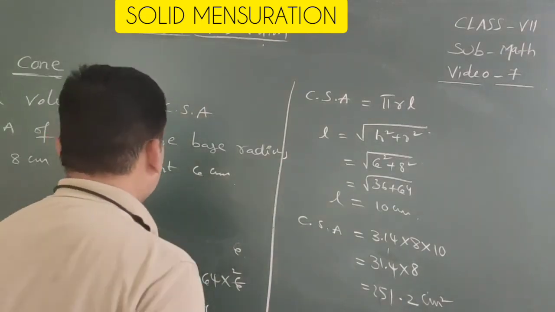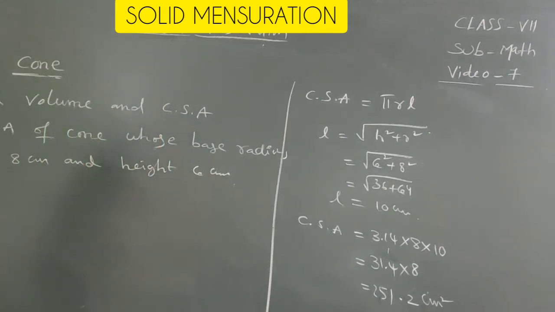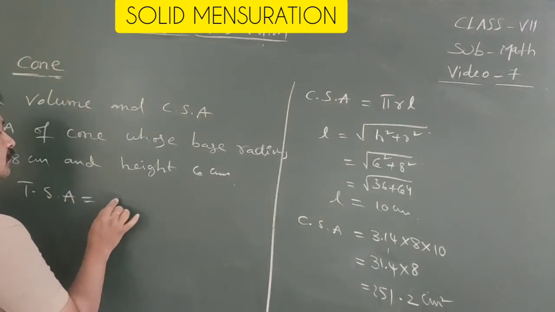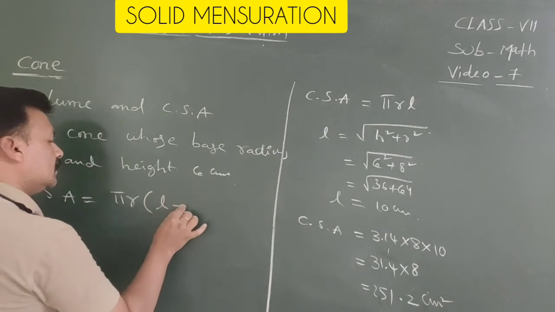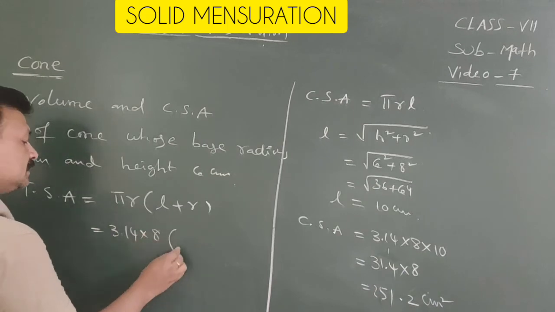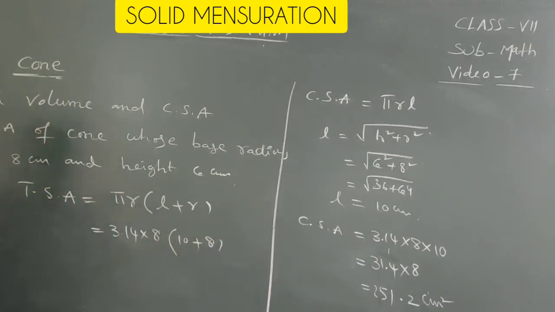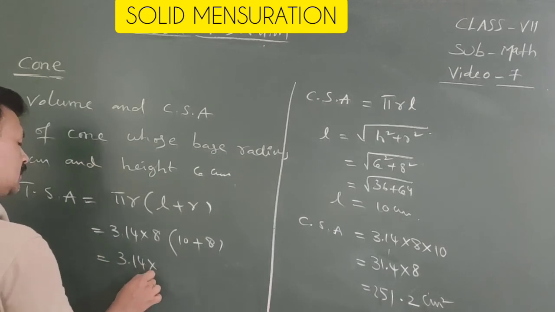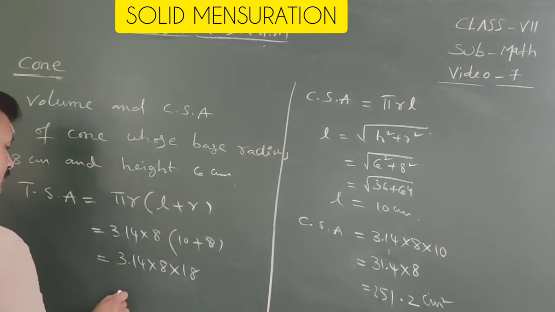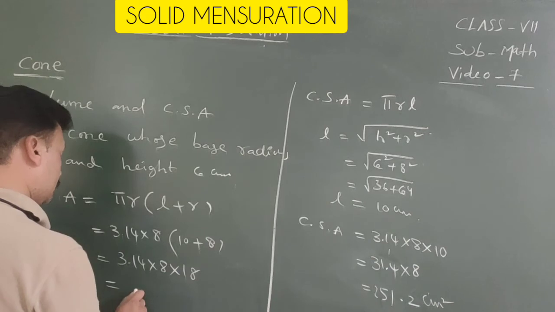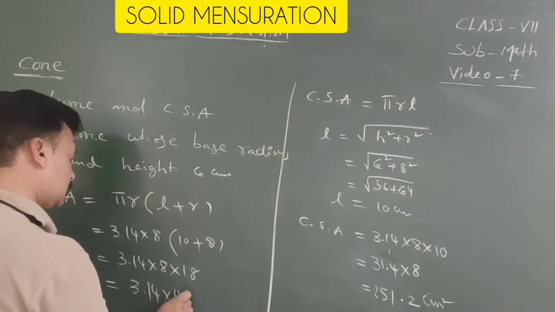Now one thing we have to find, that is TSA. Here the TSA is pi r of L plus r. Here pi means 3.14, r means 8, L means 10, again r means 8 only. So 3.14 into 8 into 18. 8 into 18 is 144. 3.14 into 144.